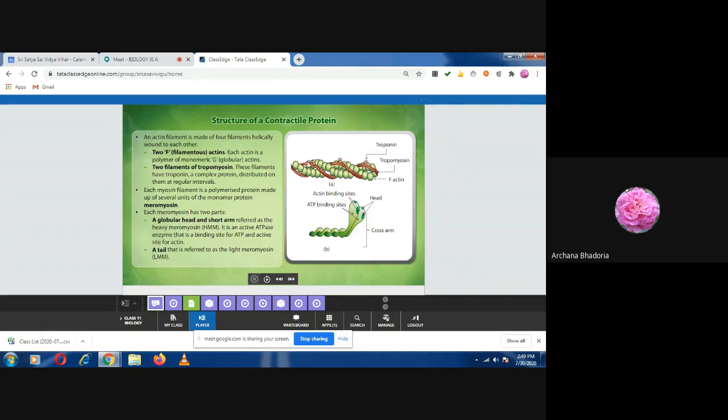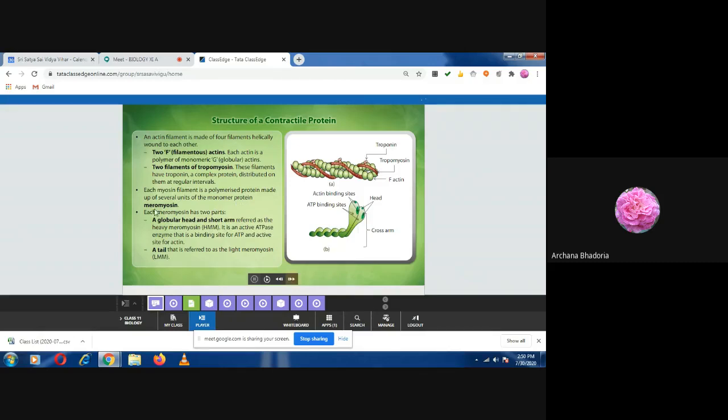Devratna, is it clear this structure? Yes, ma'am. Okay, now we'll try to understand the myosin filament. This is the structure of actin filament and myosin filament. Myosin is made up of several units of monomer protein.